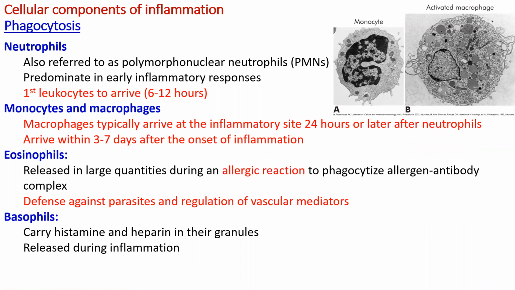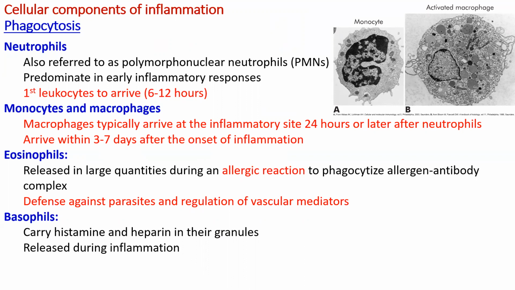Phagocytosis, neutrophils. We also refer to the neutrophils as polymorphonuclear neutrophils, PMNs. They're the predominant type of cells involved in early inflammatory responses, and that's the first leukocyte, white blood cell, to arrive at the affected area.